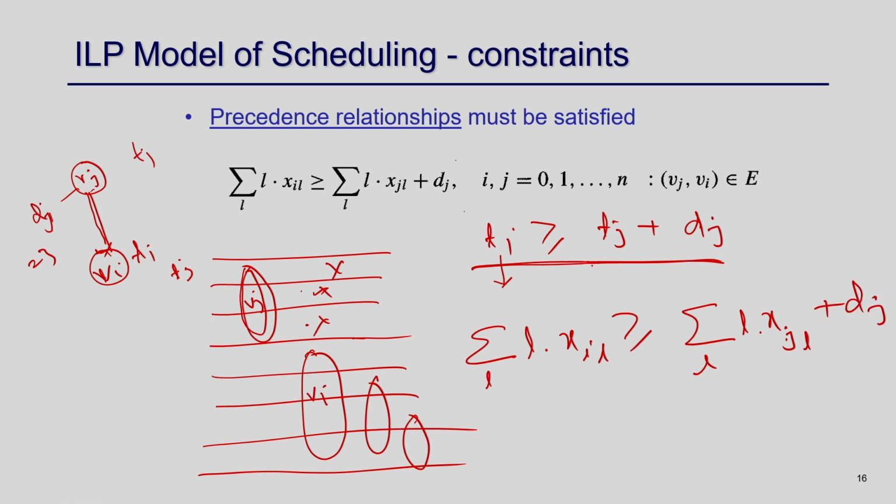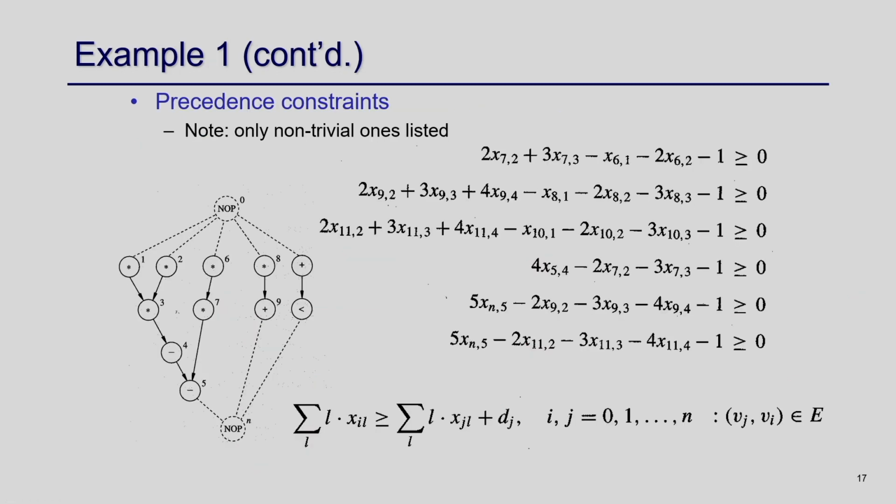Here L varies over the possible values up to lambda, and this holds for all such edges i and j. For each such edge I will get a constraint like this, and this is called the precedence relationship or data dependency constraint. If I take this example again, let us try to model this, say 7 and 6.